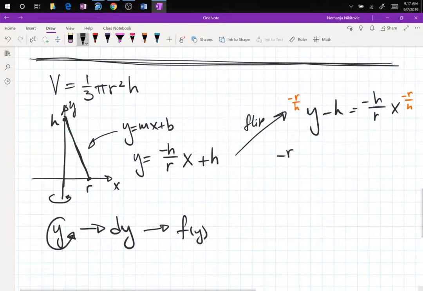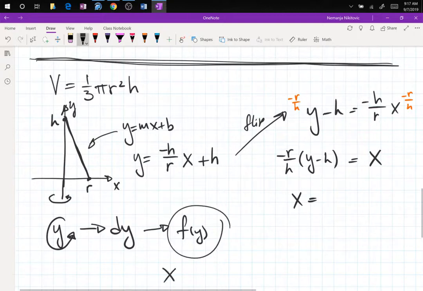So negative r over h times (y minus h) is equal to x. Remember, when you need f of y, it's x equals f of y, which is why we are solving for x. You can't do that all the time. Sometimes you can, sometimes you can't. In this case, we can, so we're going with it.